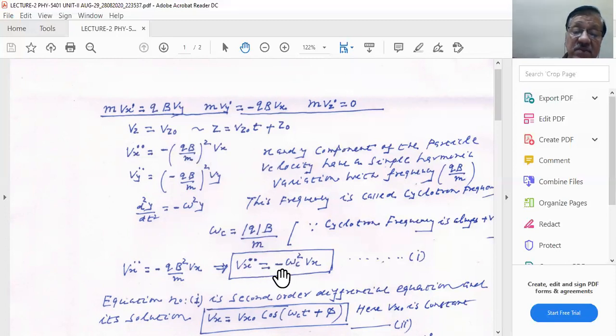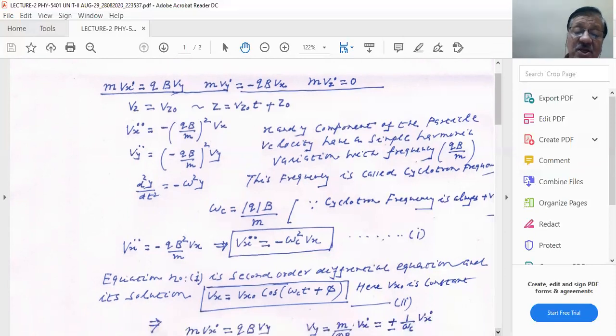This is a very well-known second order differential equation, and we know the solutions of such equations are of this type. It is used in quantum mechanics also, and we also use it in mechanics. This equation is widely used, a second order differential equation.